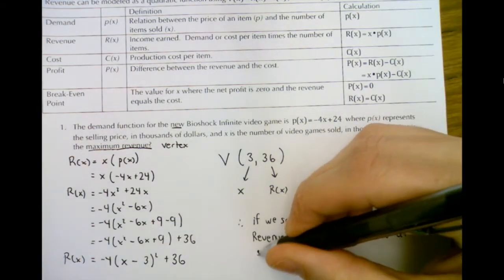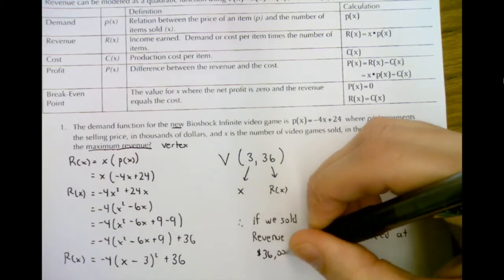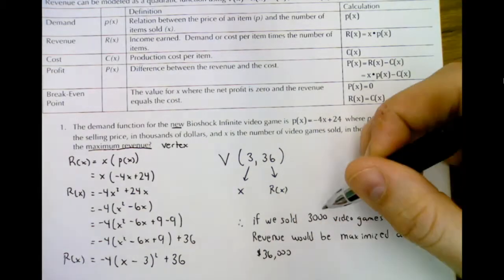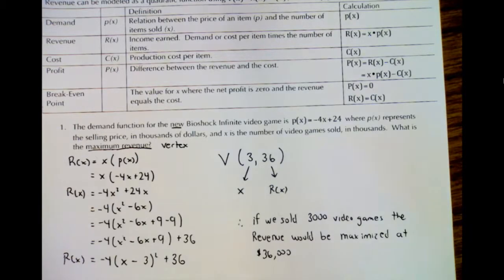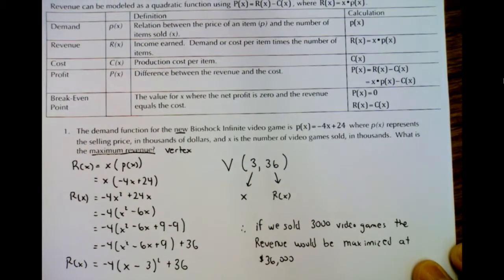So we've got $36,000. And that's how we can do an optimization of revenue.